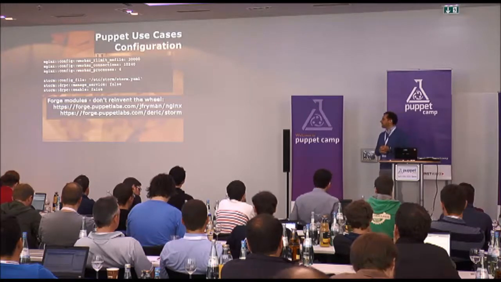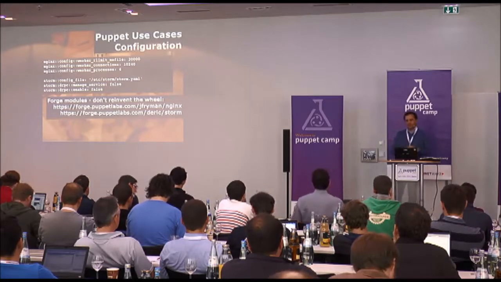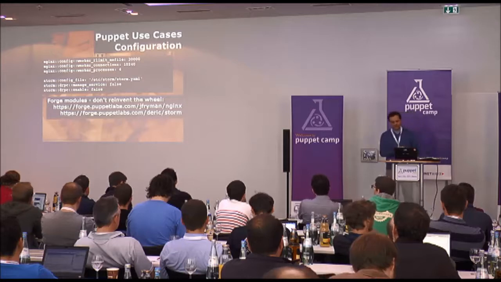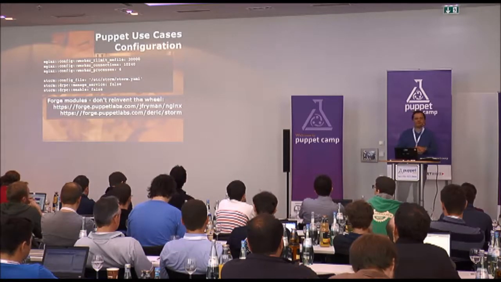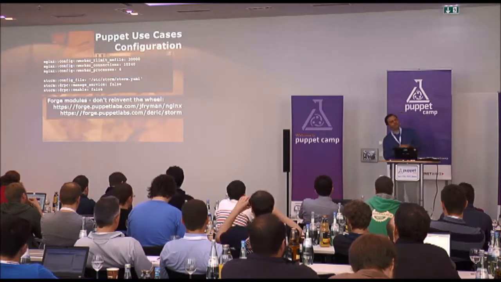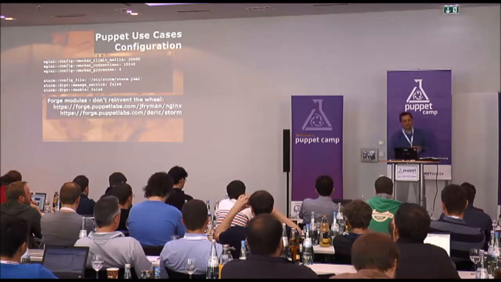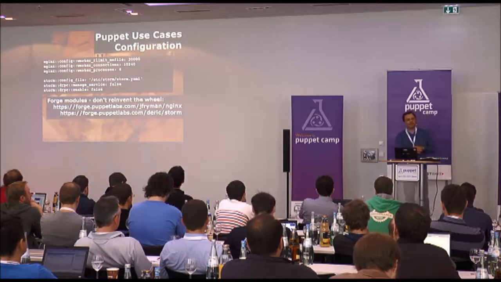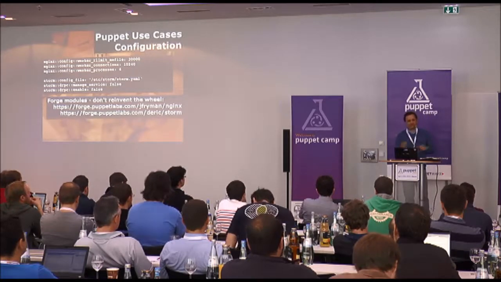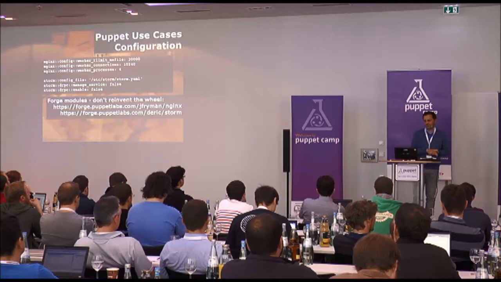This was actually a hard lesson, and I will show you some more about this later on in the presentation. Because when we started 4 years ago, I'm not even sure if there was a Forge. I don't think so. And we wrote tons of code to get going. And now we are paying the price and trying to reduce that code as much as possible.